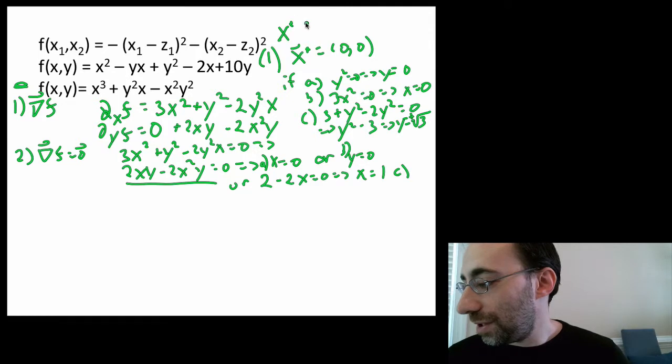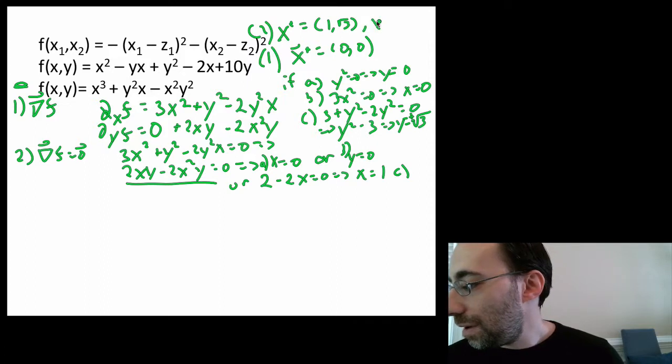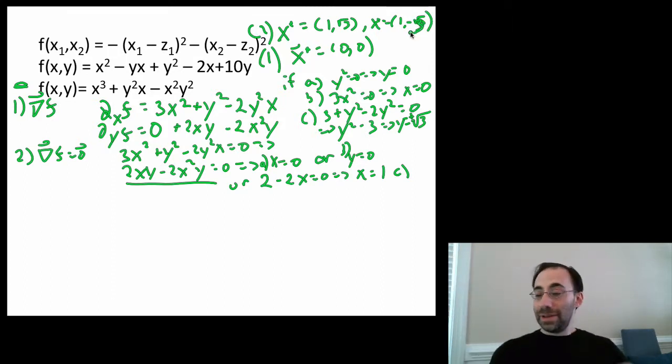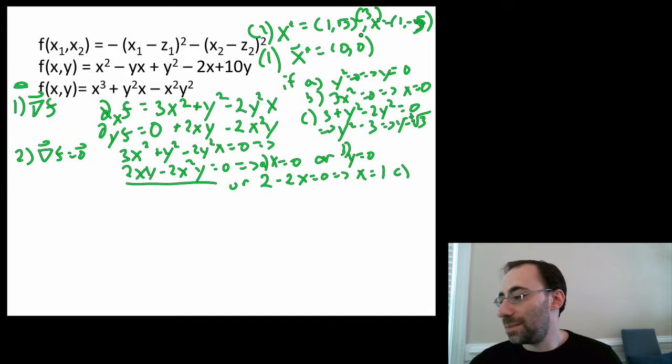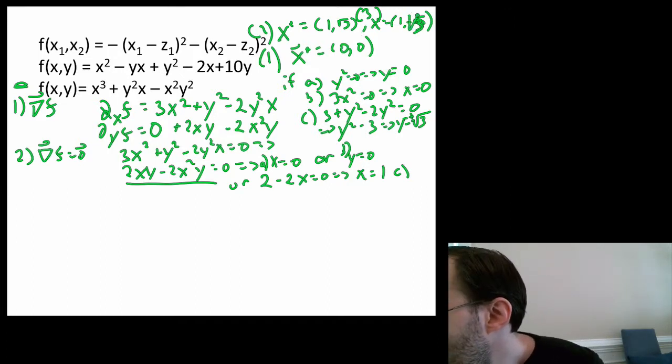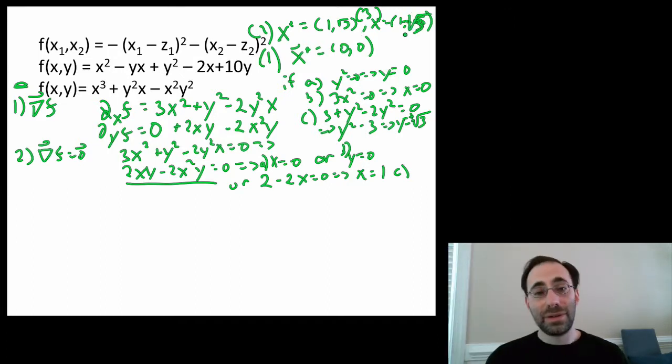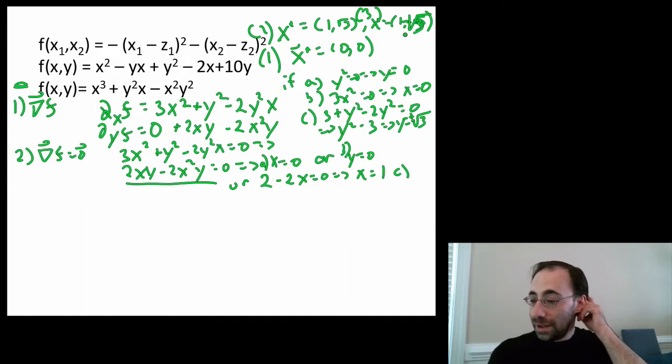We have 1, square root of 3, that's number 2. Or we have 1, negative square root of 3. That's number 3, and this is for the negative square root of 3 up here. So we have 3 possible solutions to check, which we might expect given the situation here.